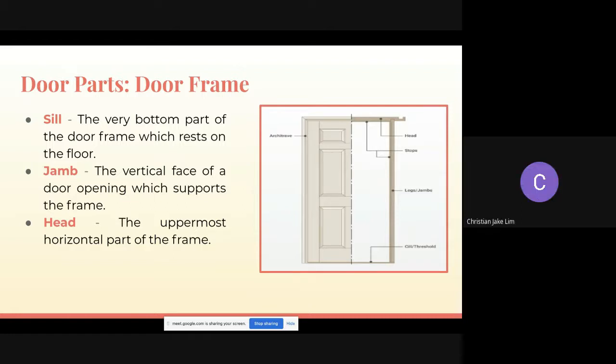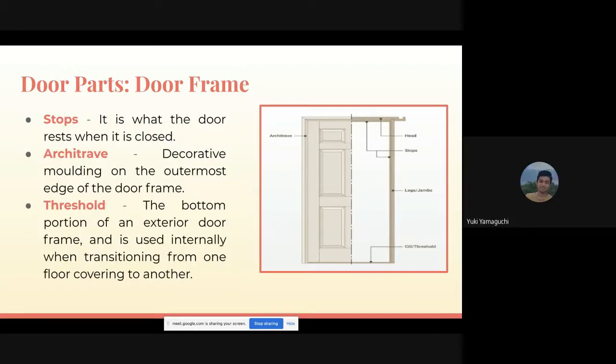The next one, the jamb. The jamb is the vertical face of a door opening which supports the frame. As you can see, it is found on the sides of a door. And the head, the uppermost horizontal part of the frame. As you can see in the illustration, it is found on the topmost part.